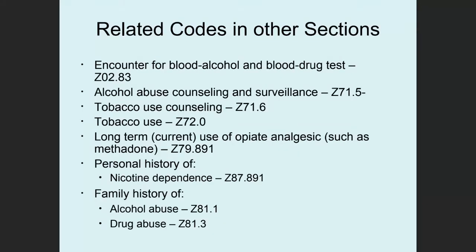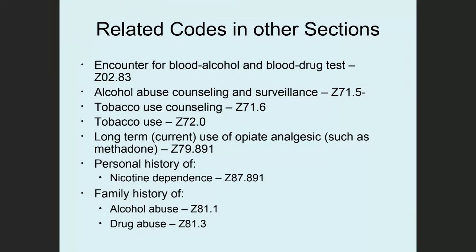So here are some related codes in other sections. Encounter for blood alcohol and blood drug tests, Z03.83. These are all in the Z code section. Alcohol abuse counseling and surveillance, Z71.5 with additional digits. Tobacco use counseling, Z71.6.